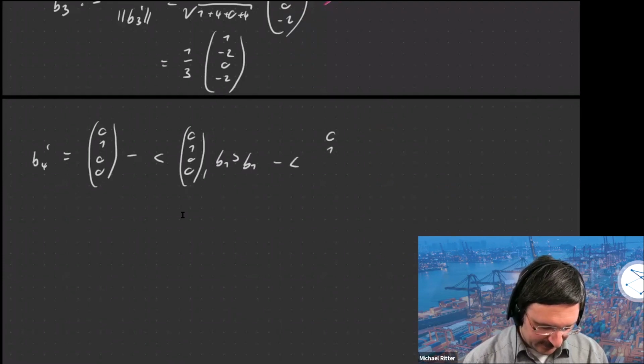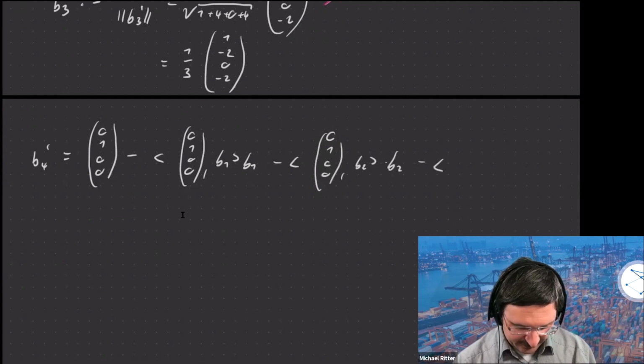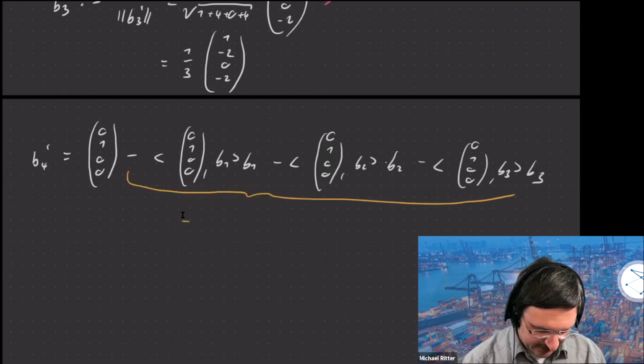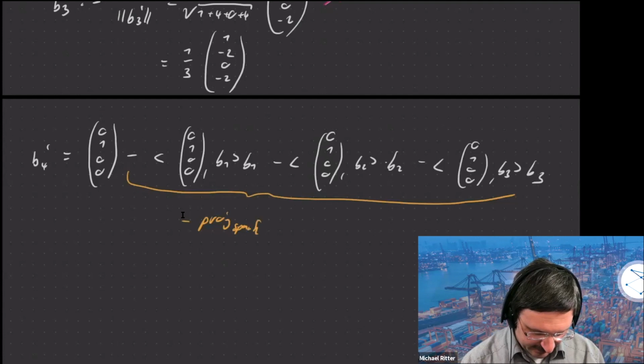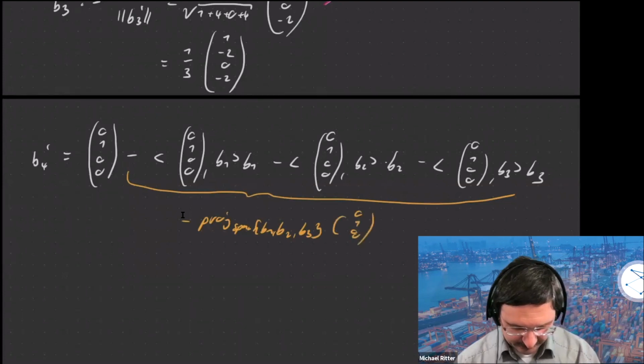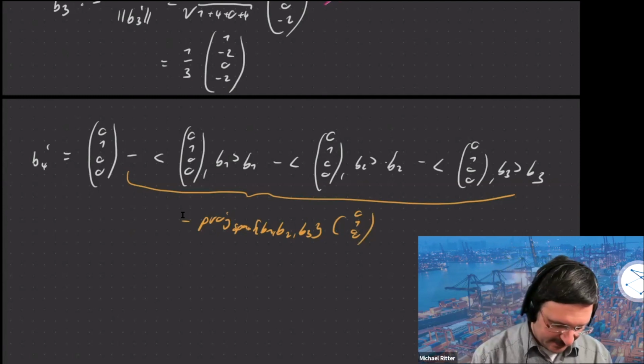We have to subtract the scalar product of that vector times B2 times B2. And we have to subtract the scalar product of that vector with B3 times B3. And again, that here means we are subtracting the projection onto the span of B1, B2, B3 of 0, 1, 0, 0. And what remains is the part that is orthogonal to that space, to that span here.